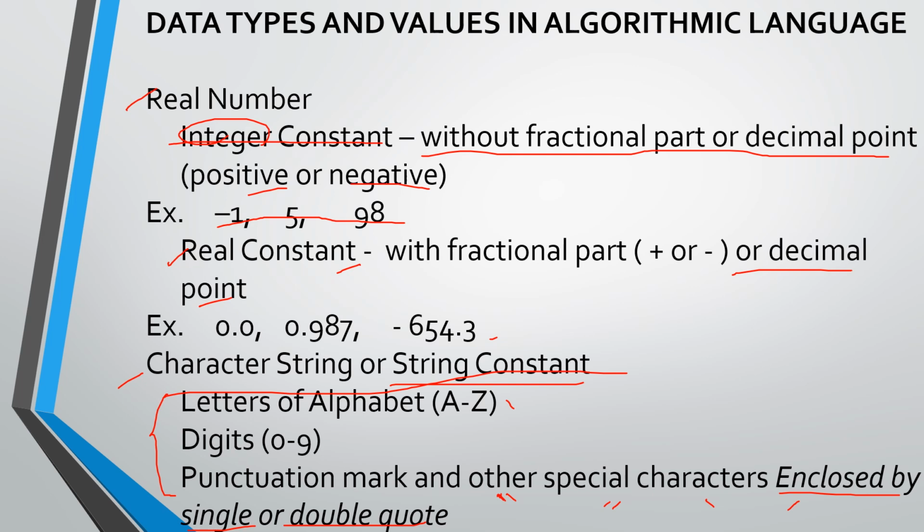So, never start with a single quote and end with a double quote. That is not allowed. Or start with a double quote and end with a single quote. That is also not allowed. If you start with a single quote, end it with a single quote. If you start with a double quote, end it with a double quote. Alright?